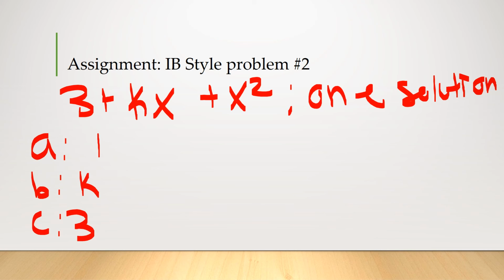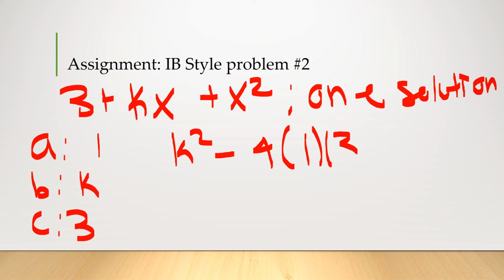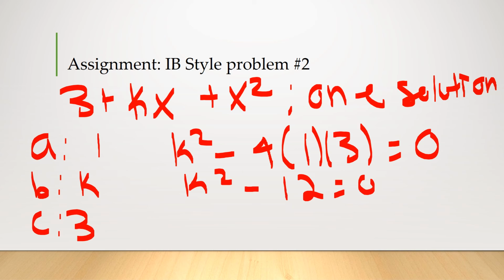To find one solution, we're just going to do k squared minus 4, 1, 3 equals 0. And then that is k squared minus 12 equals 0. Then k squared equals 12.